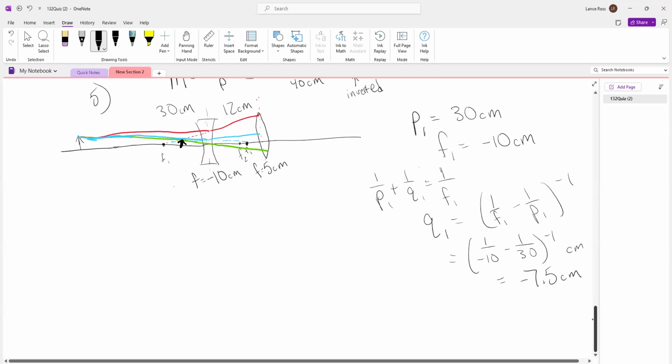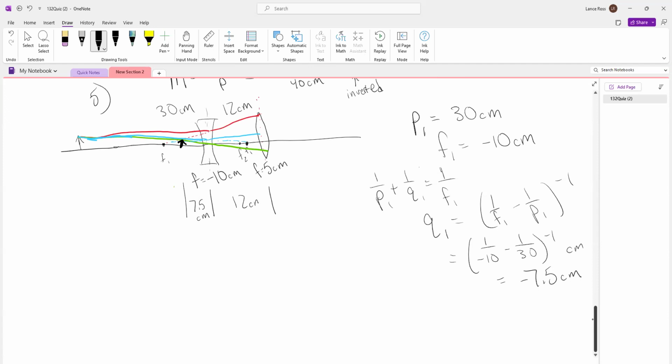So now, if this distance is 7.5 centimeters behind the first lens, and the second lens is 12 centimeters from the first lens, then the total distance from my object for the second lens, which is the image of the first one, is 19.5 centimeters.